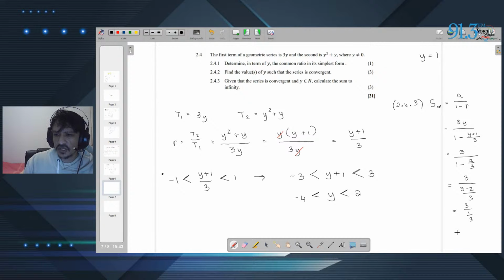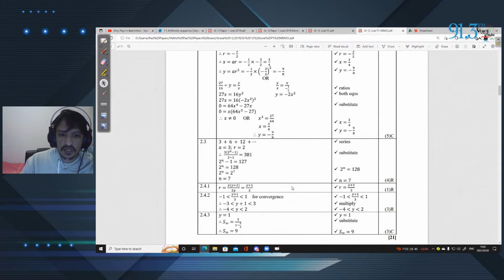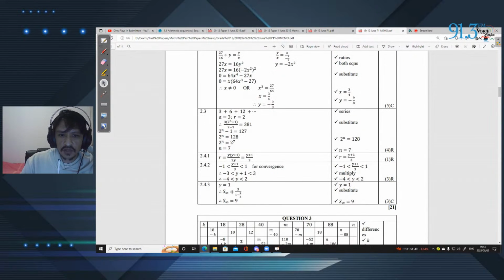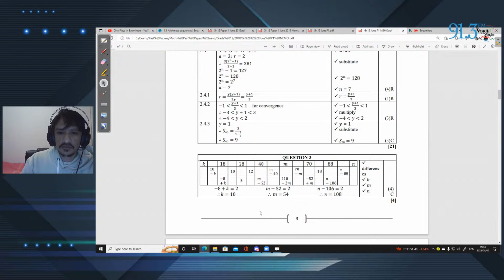And that is essentially going to give us an answer of 9 if y was the value of 1. But now, are we correct for using that? And here we go. Our answer is 9. So it's as easy as that. You find the restriction and you select any value within that restriction to substitute into here to find the sum to infinity. Not that hard at all.